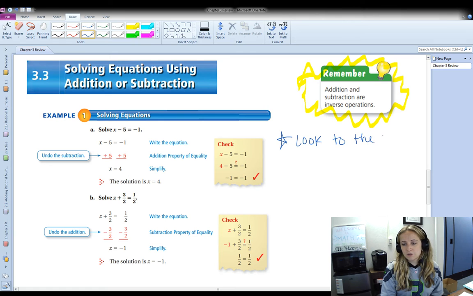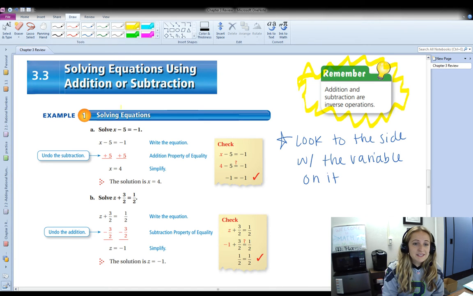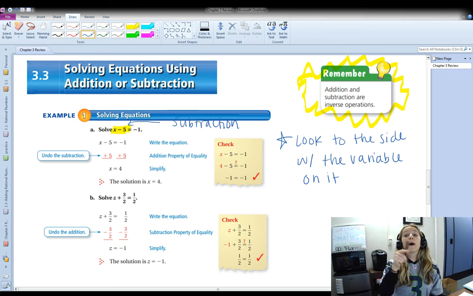Look to the side with the variable on it, okay? The next thing you want to do is you want to decide what is attaching that 5 to the x. Well, I see the thing that's subtracting that 5 to the x is subtraction, okay? Which means I have to do the opposite operation, the inverse operation, which I know is addition.